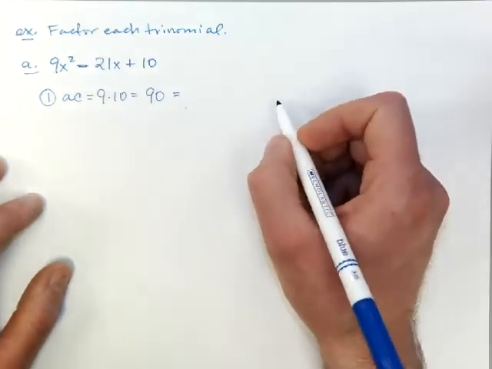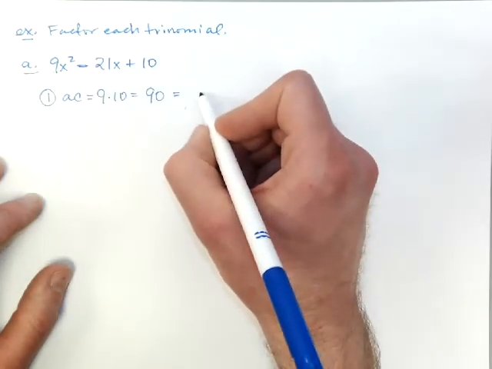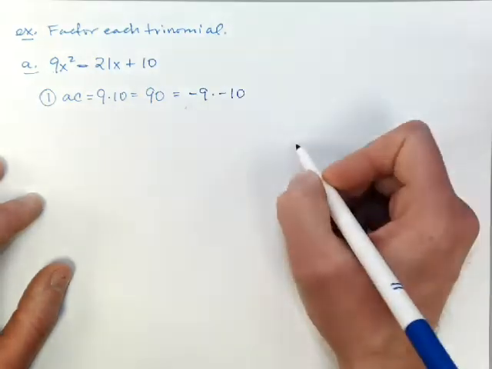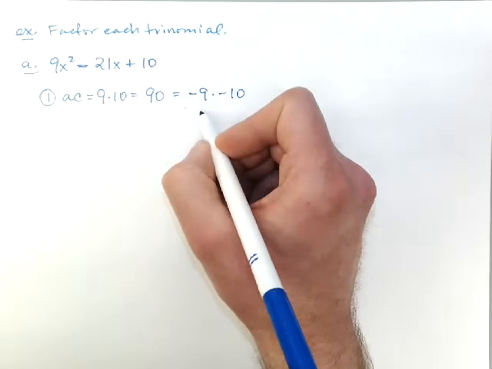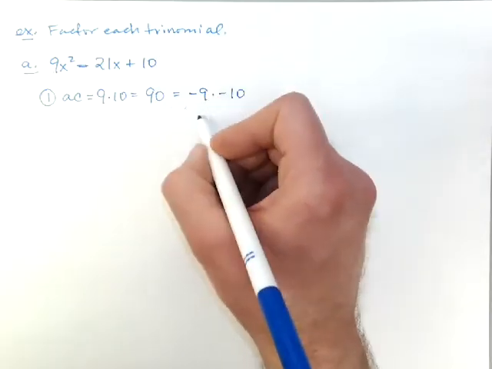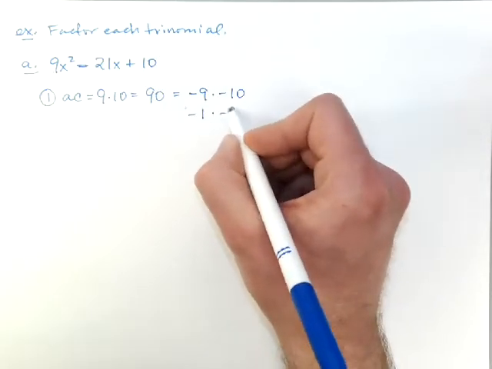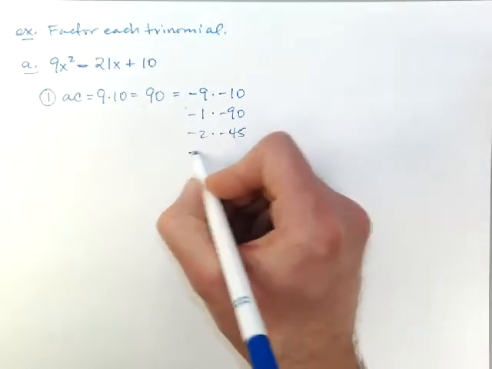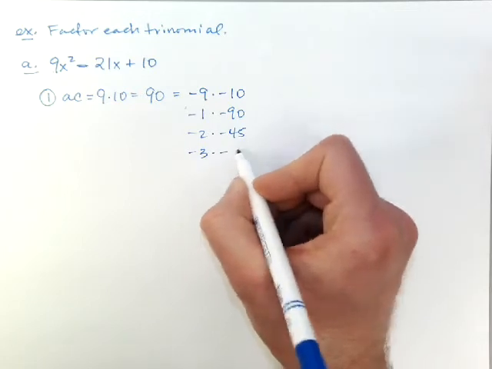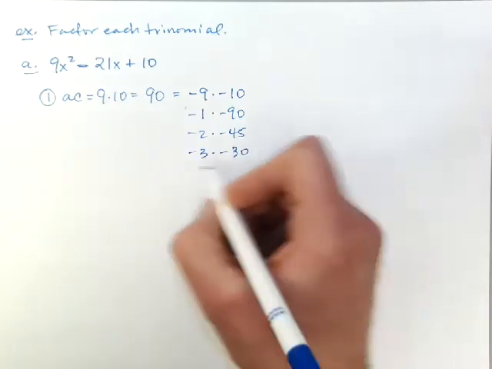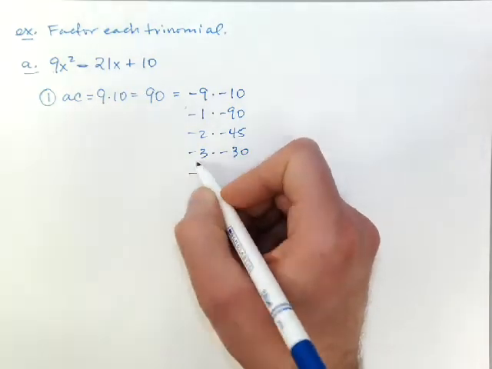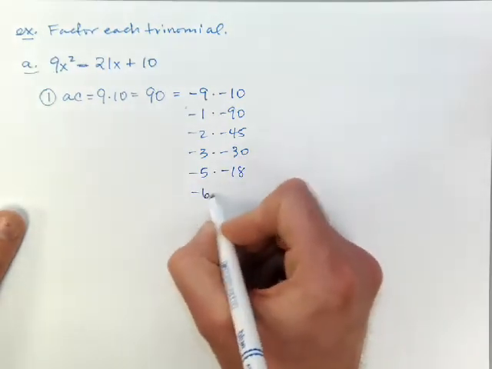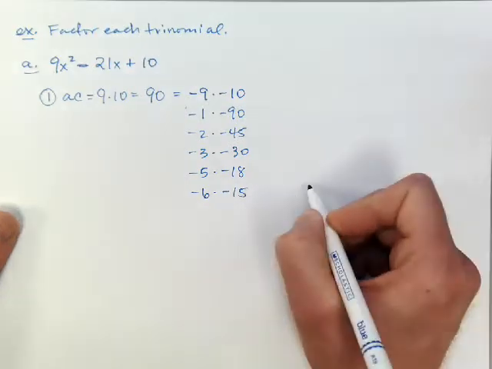All right, so negative 9 times negative 10 are options. We might start at the bottom and work our way up. So minus 1 times minus 90, minus 2 times minus 45, minus 3 times minus 30, minus 4 doesn't divide, minus 5 times minus 18, minus 6 times minus 15.